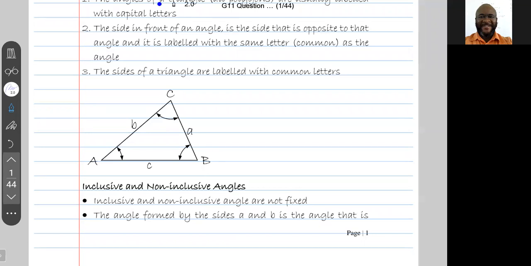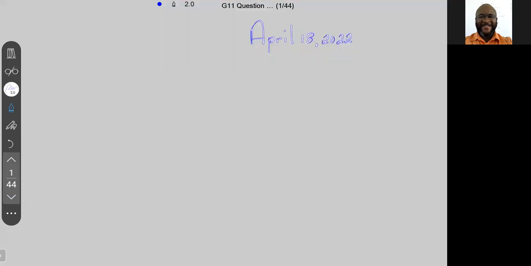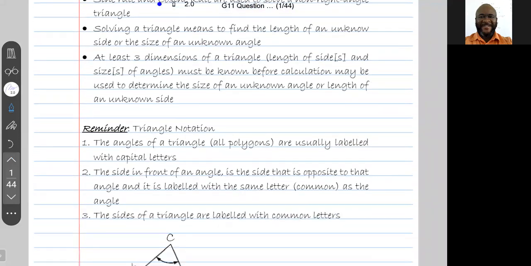For example, the angle formed by the sides A and B is the angle that is included, or inclusive, between the 2 sides. The other 2 angles are non-inclusive angles. So let me try and give an appreciation of what I'm saying.